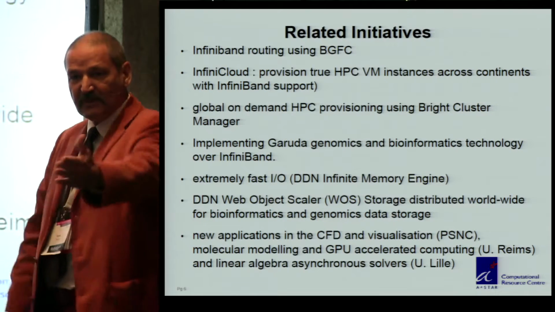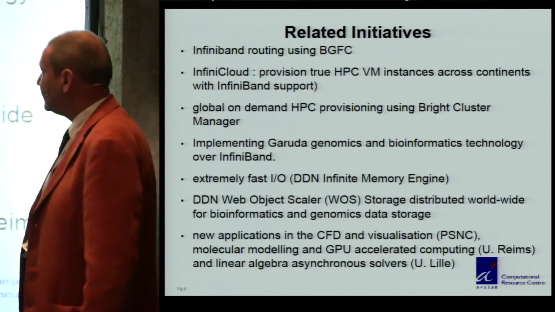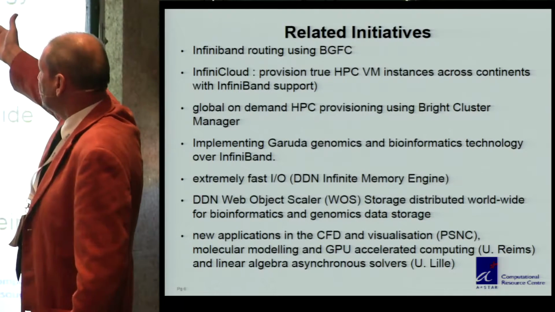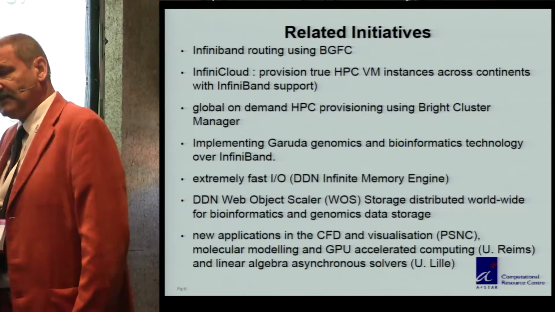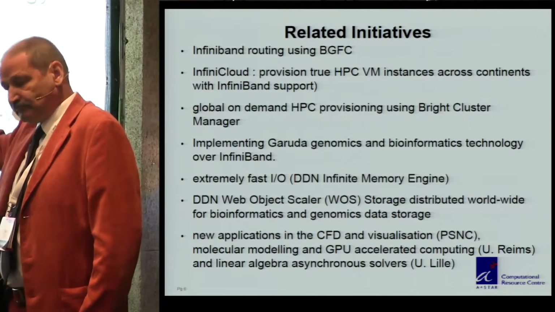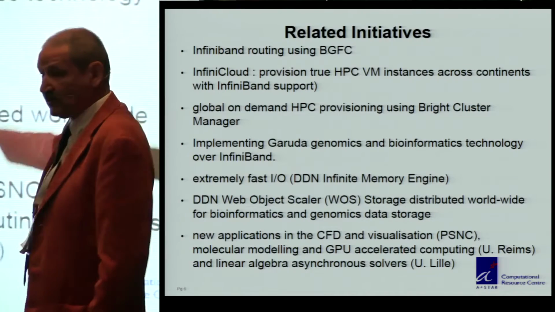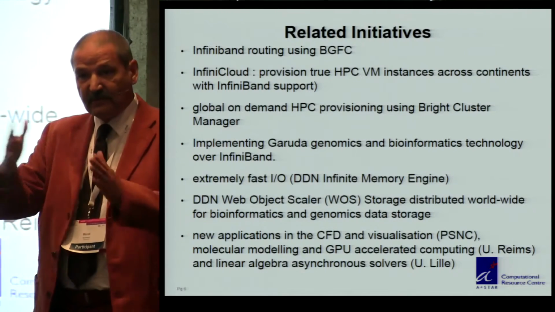That is possible, and Andrew is one of the creators of this technology. We are working now with Bright Cluster Manager, and if you have seen the recent announcements, Bright is working also on object storage, so suddenly you have everything.